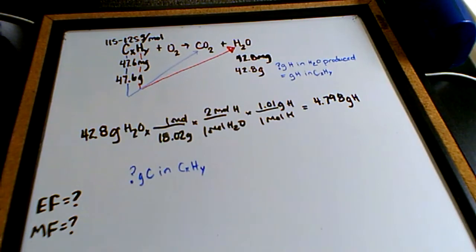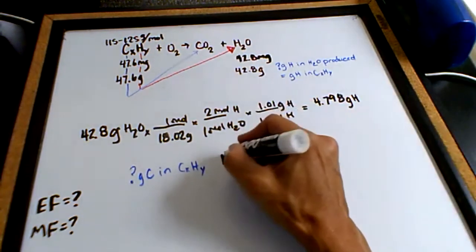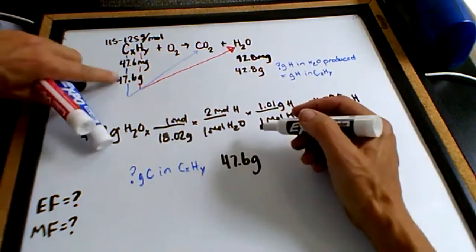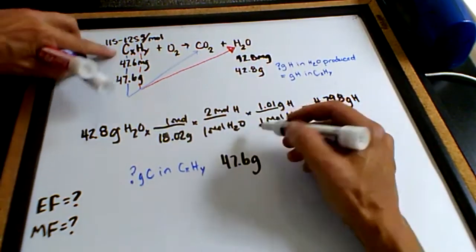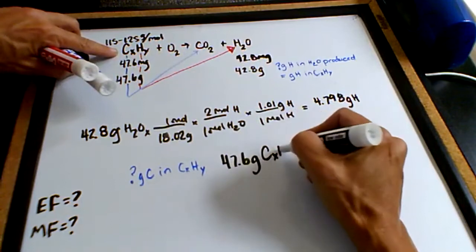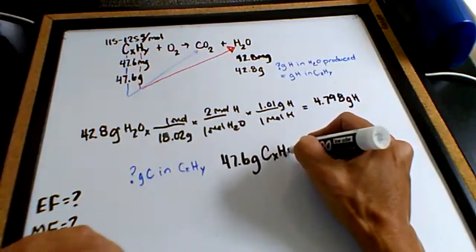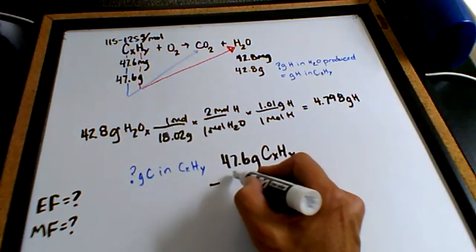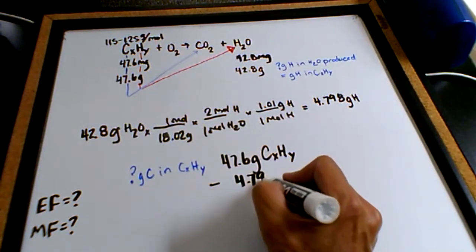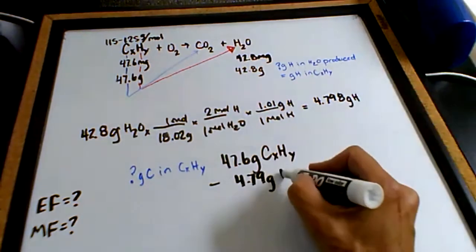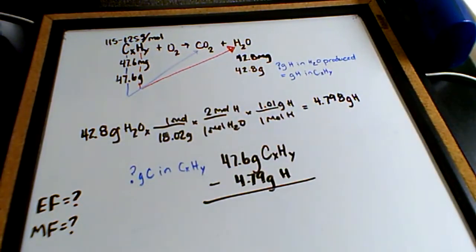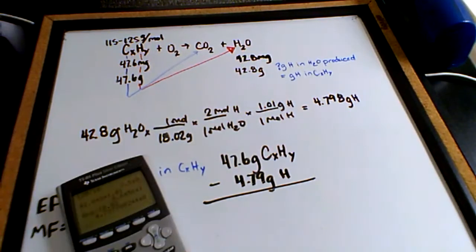Well, I know that I have 47.6 grams of that compound. My problem told me that. I know that 4.79 grams of that is the hydrogen. Therefore, the remaining mass must be the carbon.